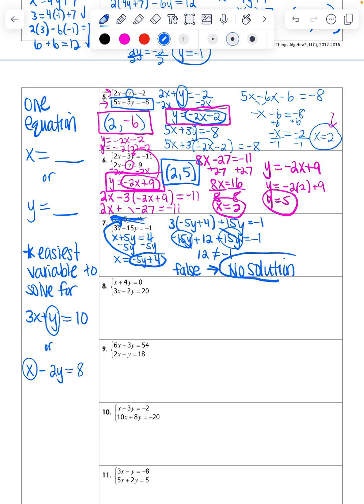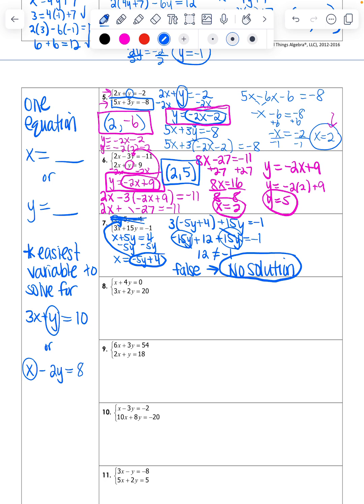So graphically, no solution systems of equations are parallel lines. So when we go to graph them, we're like, okay, that makes sense. They never actually cross, so how could we find an intersection point? There's no solution. But algebraically, when we go to solve it, this is what would happen. Everything cancels out, variable-wise, and you're left with numbers that don't equal each other.